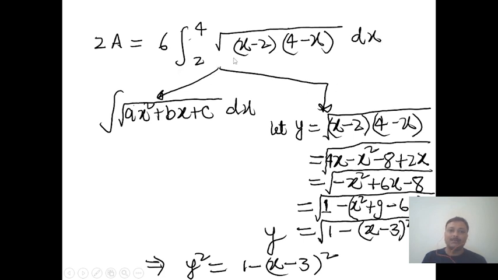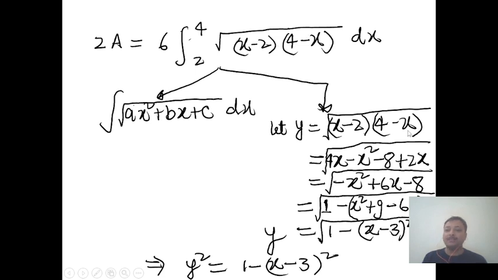This is the problem. Now this is a square root of something, (x minus 2)(4 minus x). If you multiply, you will get a quadratic again. Now this quadratic under the root you can integrate, because it is the known form square root of ax square plus bx plus c dx, but it would again be a lengthy process. So how to approach it? Let y be equal to the square root of (x minus 2)(4 minus x).